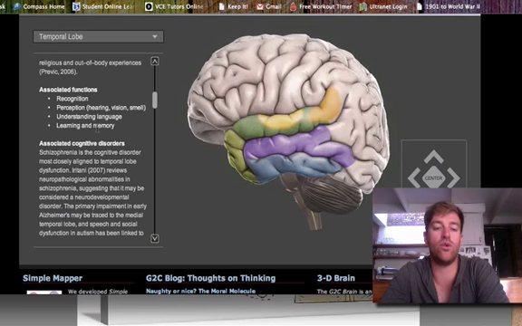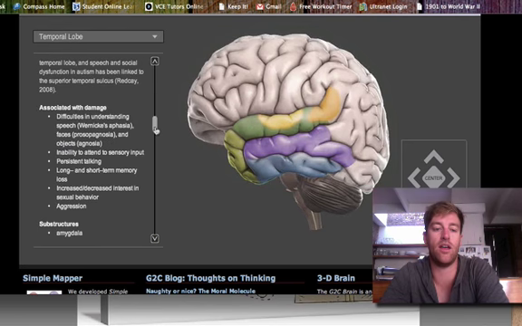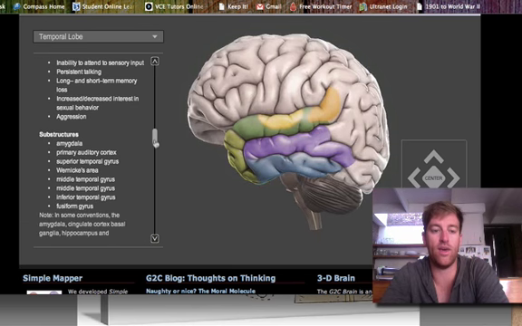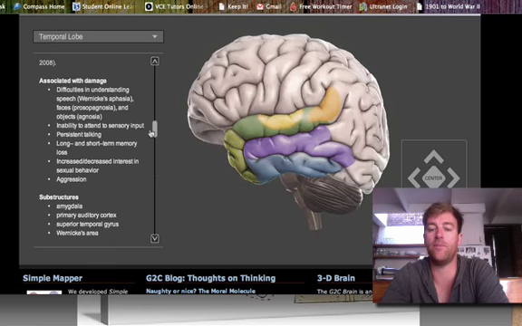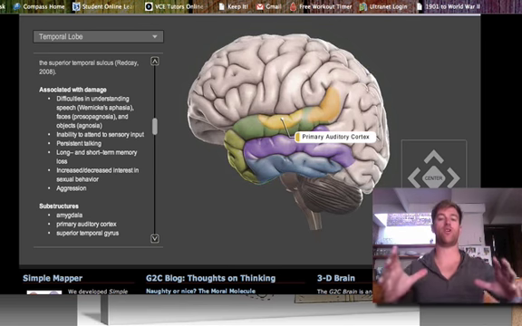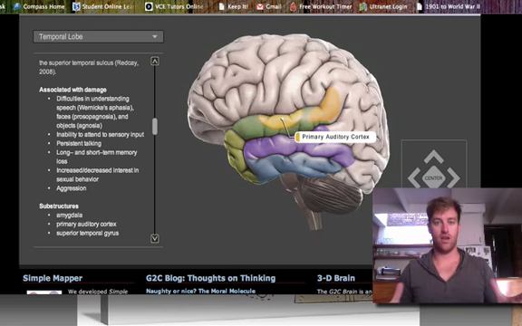As we have a quick look through some of the parts that are important for us, we have, as I said before, primary auditory cortex has a few roles. The primary auditory cortex, you're hearing the pitch of my voice. You're hearing the loudness of my voice.